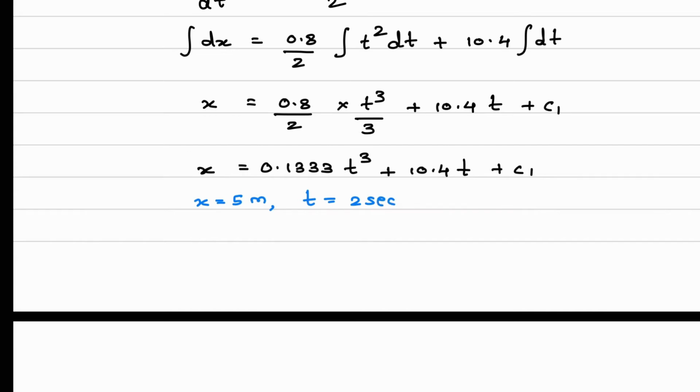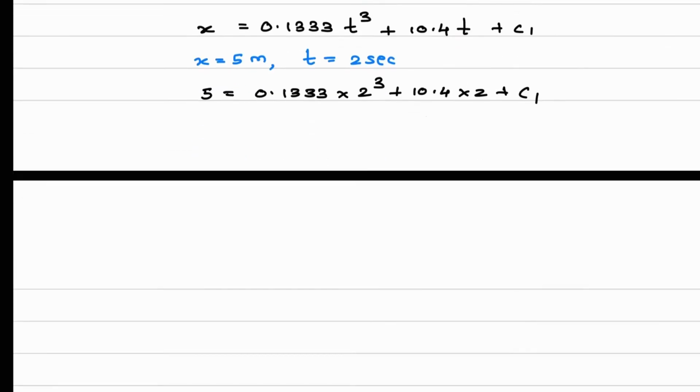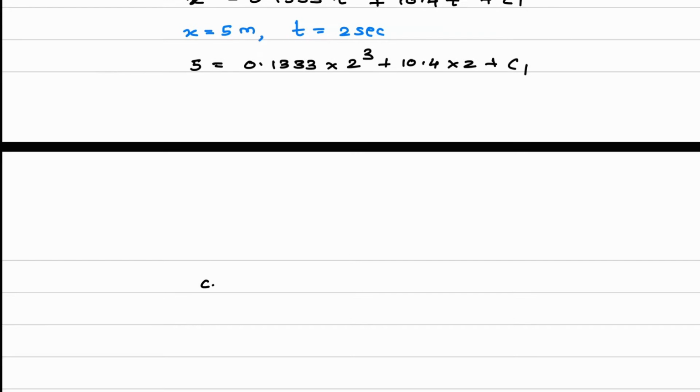So substitute the value c equal to 0.1333 into 2 cube plus 10.4 into 2 plus c1. From here we will get c1. c1 is equal to minus 16.8664.